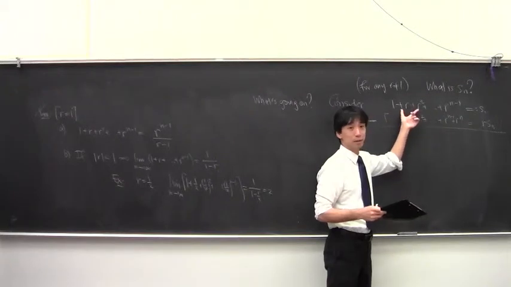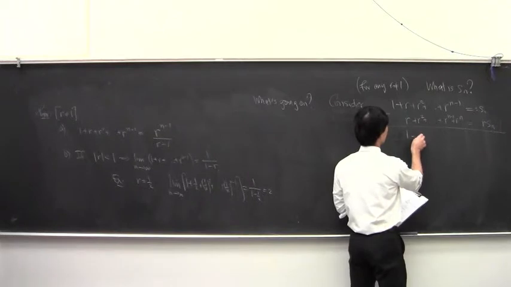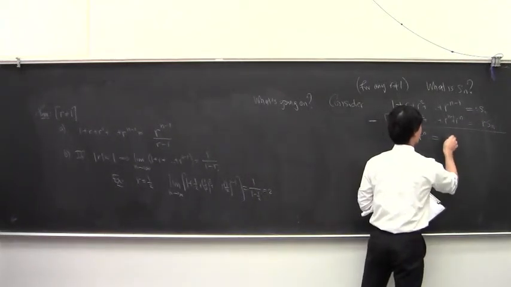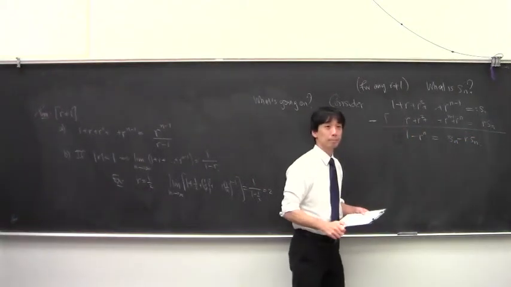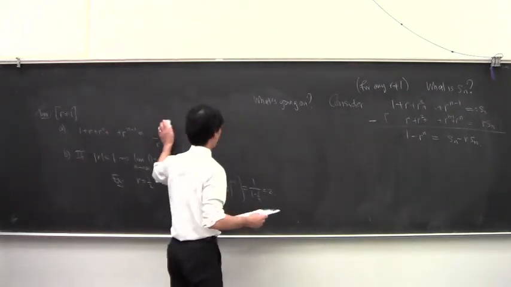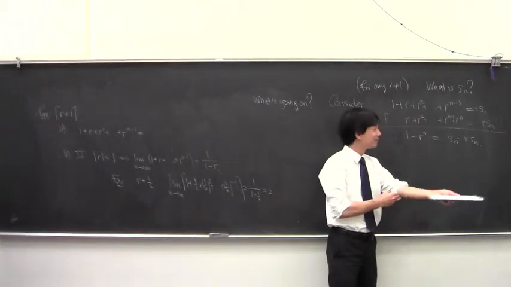Subtracting the bottom from the top, you get 1 minus r to the n, and on the right-hand side you get s of n minus r s of n. Sorry, I've got it wrong over here, but we'll figure it out and then we'll fill it in.